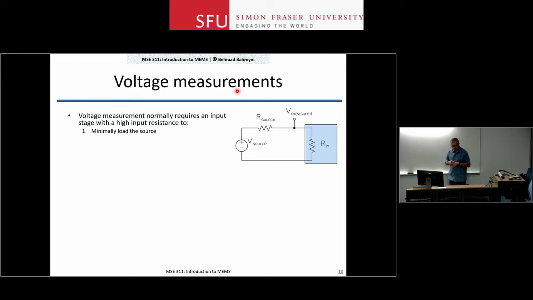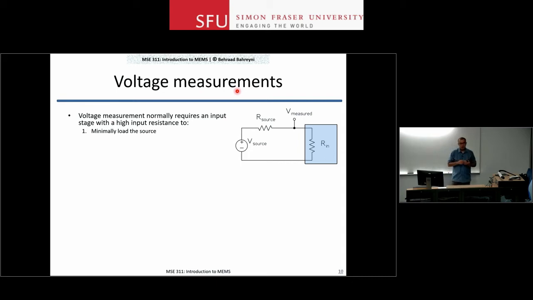In most situations, your source may not be able to drive a low impedance voltage measurement unit, and it cannot provide the current. If you have a charge on a capacitor and you want to measure that voltage in order to estimate the charge, and the input resistance of your voltmeter is small, you're going to deplete the charge on the capacitor through the input resistance of your measurement system.